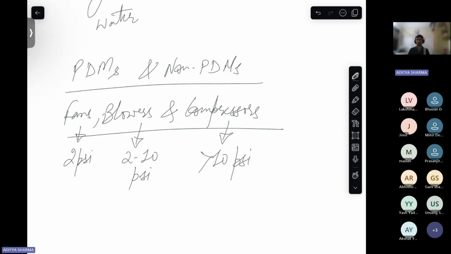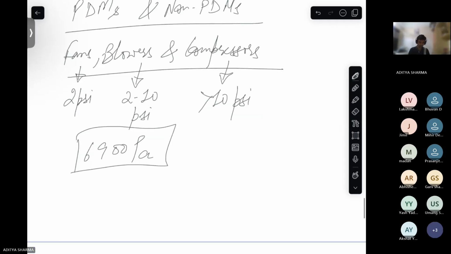PSI is pound per square inch, right? So this is roughly around 6900 Pascal, if I'm not wrong. Between 6,000 to 7,000 Pascals is your 1 PSI.